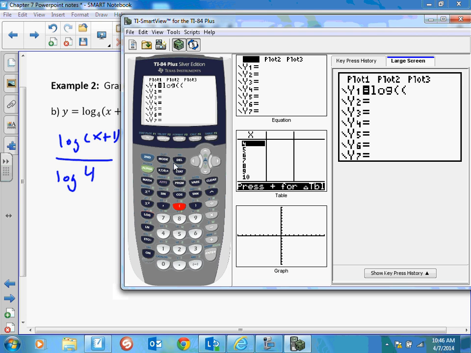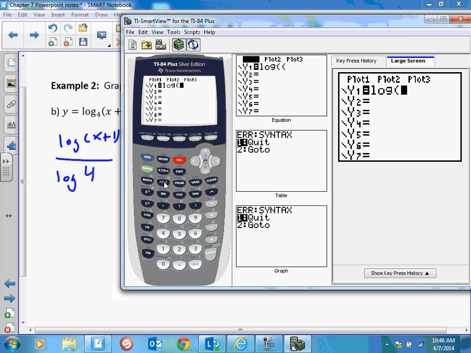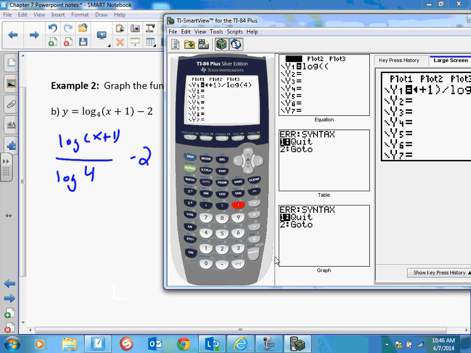Oops, delete that. Let's go back. Okay. Let's go x plus 1 divided by log 4. Close the parentheses. That's important. If you don't close parentheses right there, it'll mess up. And then minus 2. Okay, and then hit graph.